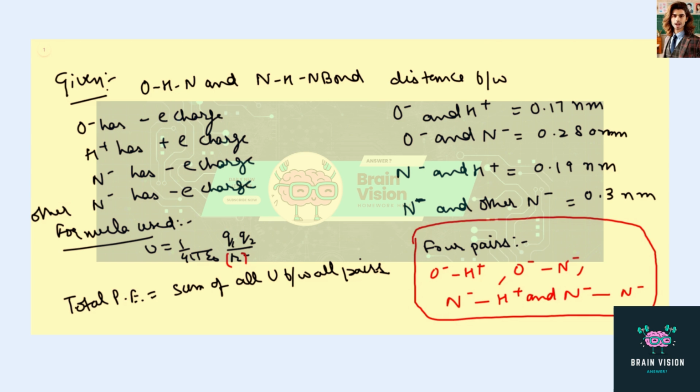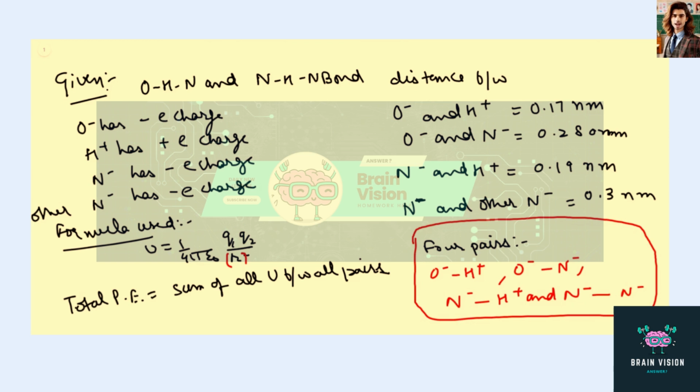You can find these values in exercise 21.21. O minus and N minus are 0.28 nanometer apart, N minus and H plus 0.19 nanometer, and N minus and the other N minus 0.3 nanometer.